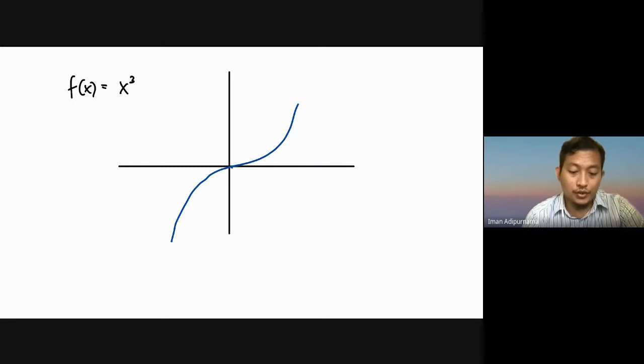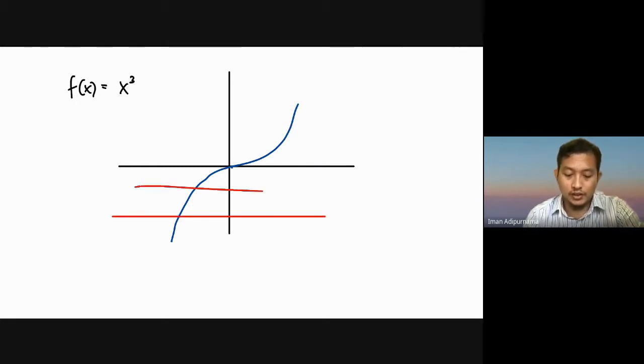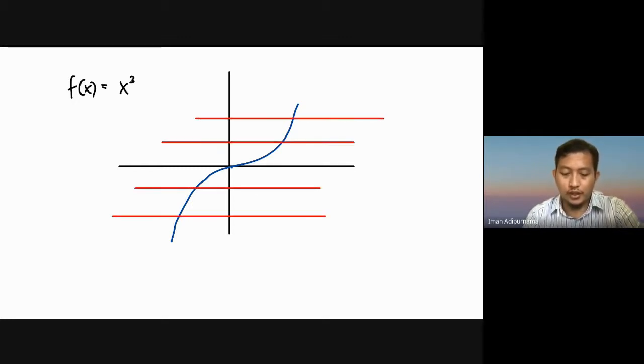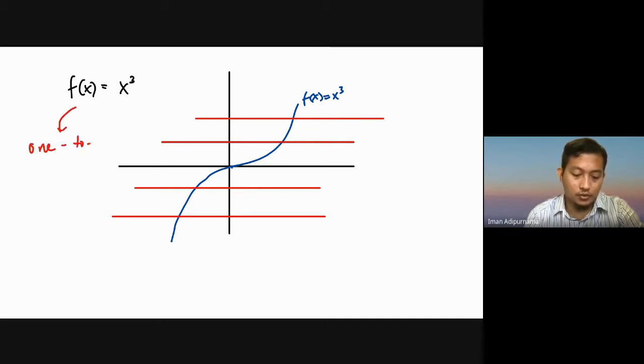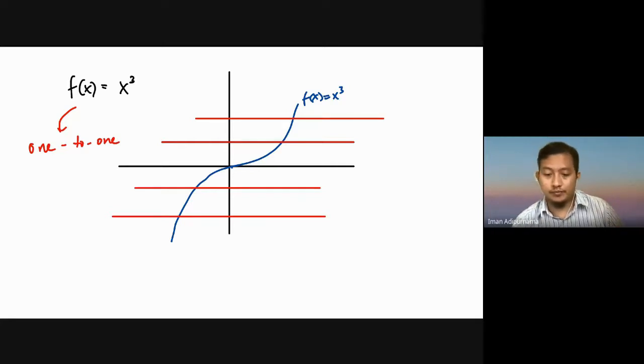And of course, with the horizontal line test, at every point here there will be just one crossing for f of x cubed. So this will be a one-to-one function on every point.